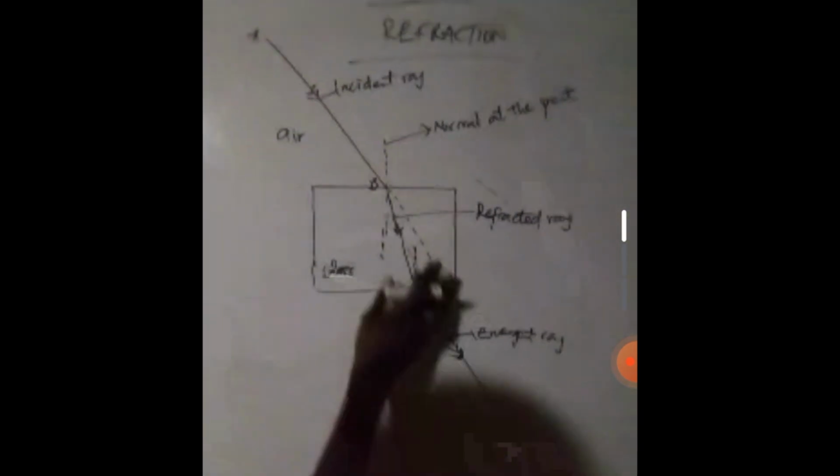That's what we mean. So now, let's take this one off. We're not using lateral displacement now, we'll use it next. So we already have AB, the incident ray, BC, the refracted ray, and CD is the emergent ray.